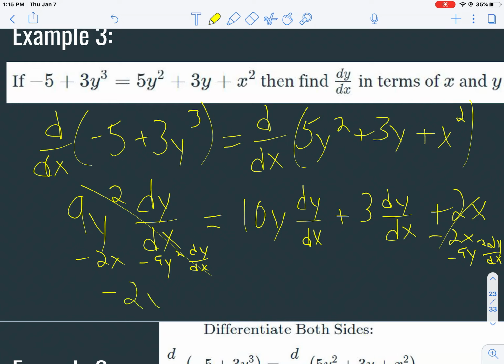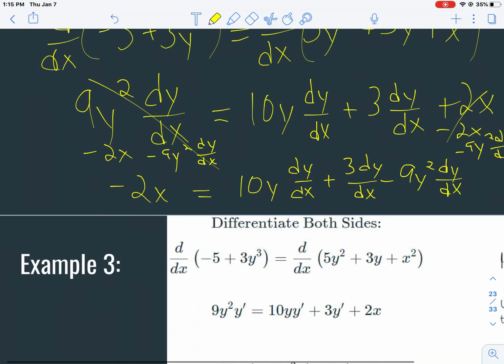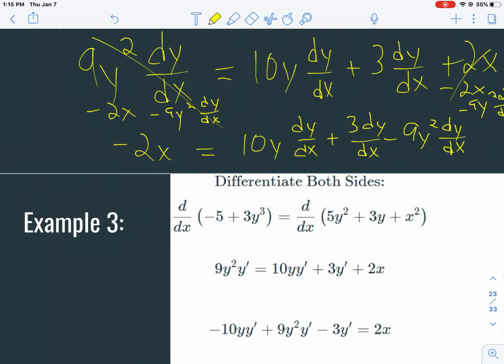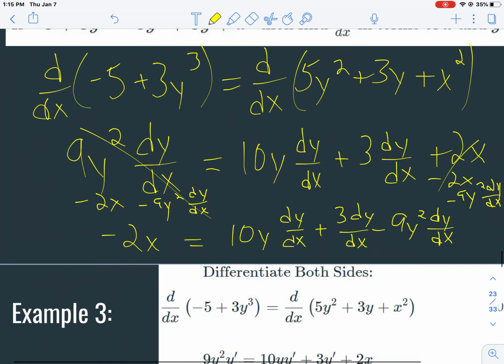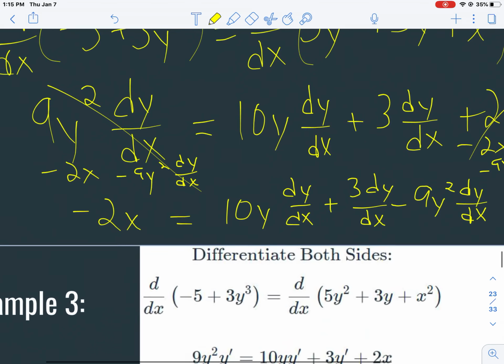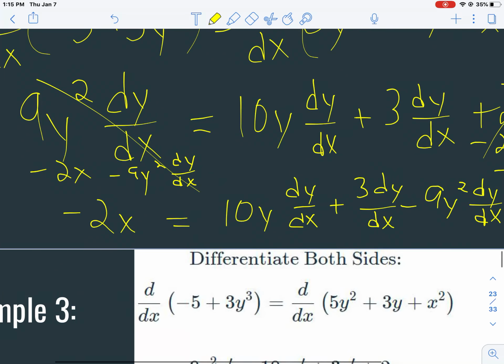So now we get negative 2x equals 10y dy dx plus 3 dy dx minus 9y squared dy dx. Okay. All right, so if I were to factor dy dx out of all these terms, and yeah, I'm definitely out of space here.